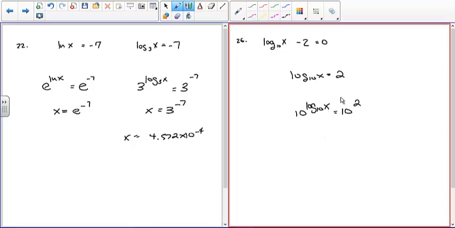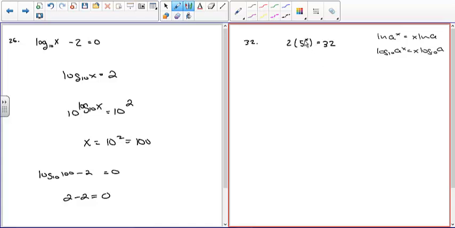Then I'm going to raise both of these to 10 to the log base 10 of x is just x. So the answer is 10 squared, which is 100. 10 times 10. If you plug this in your calculator, because you can do this, log base 10 of 100 minus 2. Well, log base 10 of 100 is 2. So you do get the right answer.